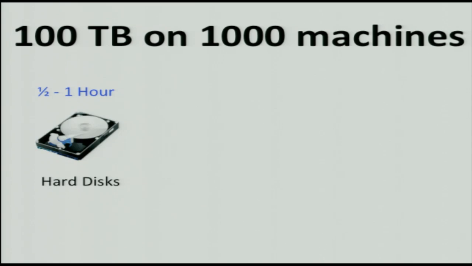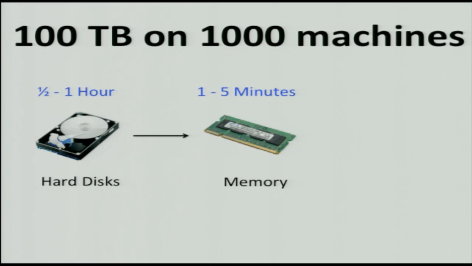If this entire data is striped across hard disks, we incur around half an hour to 1 hour to process it using a standard cluster computing framework. If the data is cached in memory, the cost of scanning goes down by orders of magnitude, but you still have communication costs. So the entire query now takes of the order of 1 to 5 minutes.